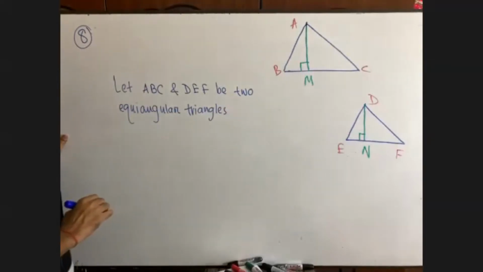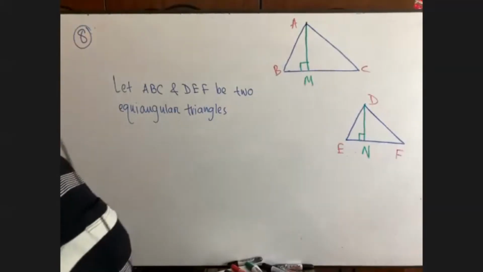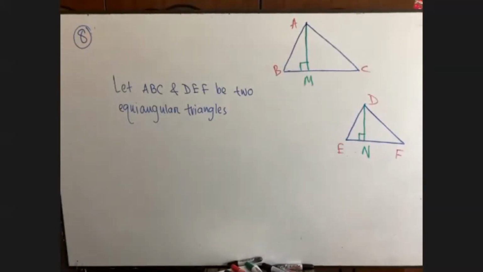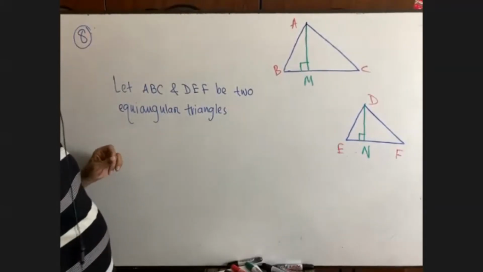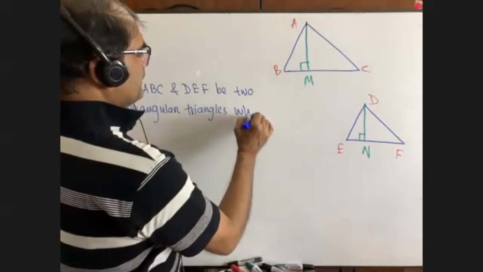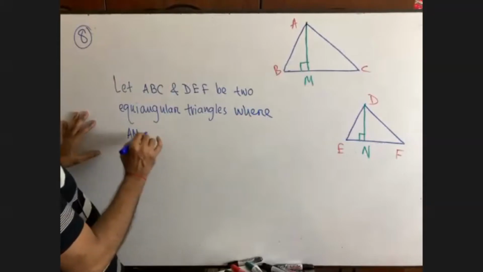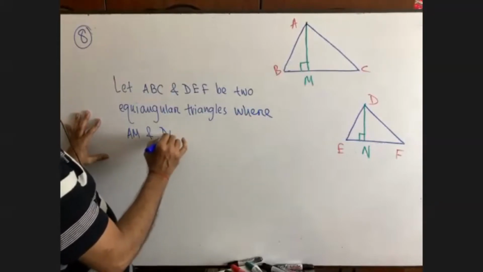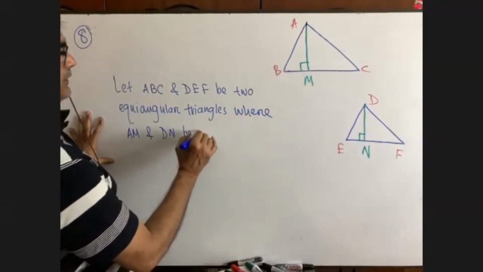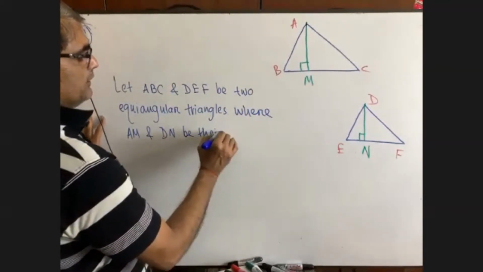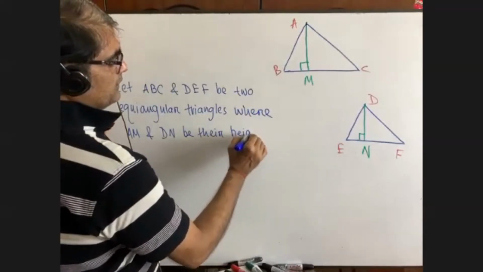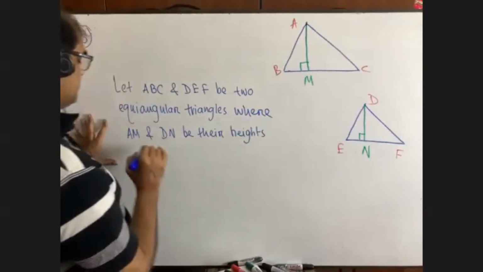Equiangular triangles means all the three angles are equal. Is it? All the three angles are equal. Let ABC and DEF be two equiangular triangles where AM and DN be their heights respectively.